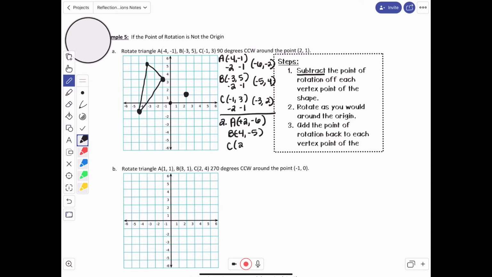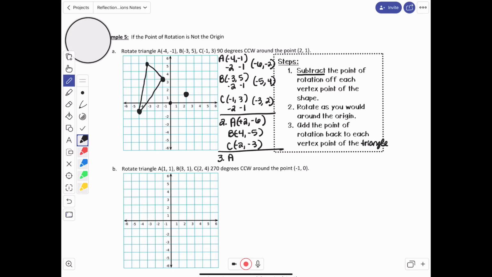And then C is going to be 2, -3, and then I make that negative. So there's step 3. And then for step 3, I got to squeeze this in because I have my steps there. For step 3, I add the point of rotation back to each vertex point of the triangle, okay?